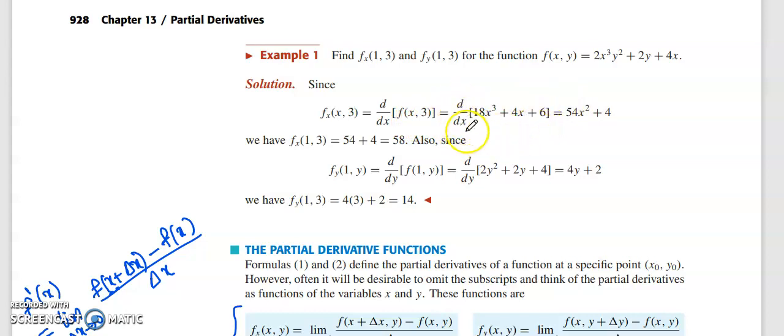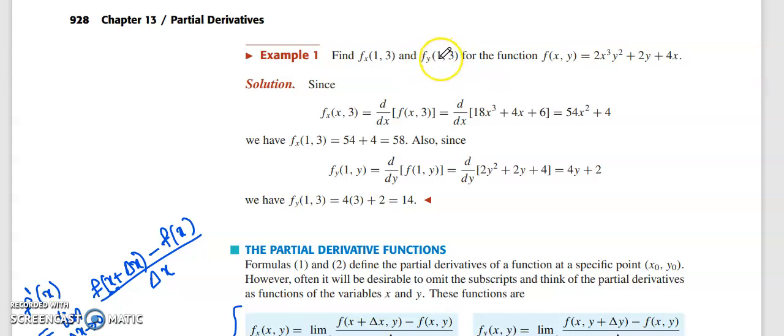Now differentiate normally with respect to x. That will give 54x squared plus 4. Now for finding fx at (1, 3), x is 1, so that will be equal to 58. Now for finding fy at (1, 3), we must fix x, and y is changing.